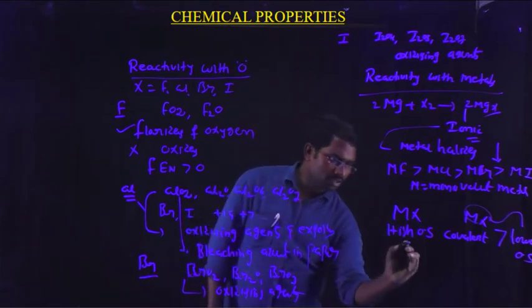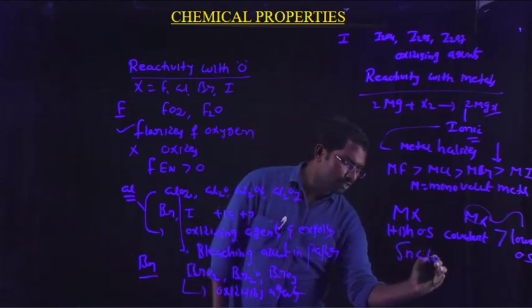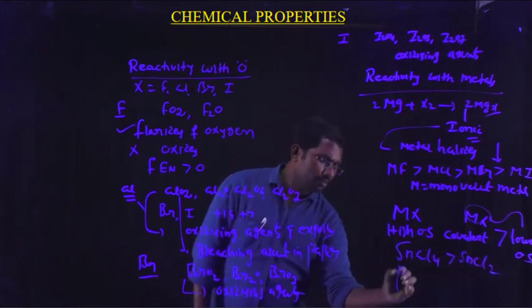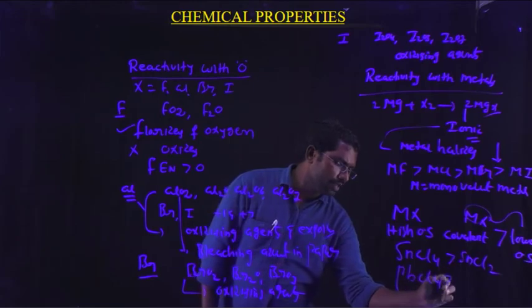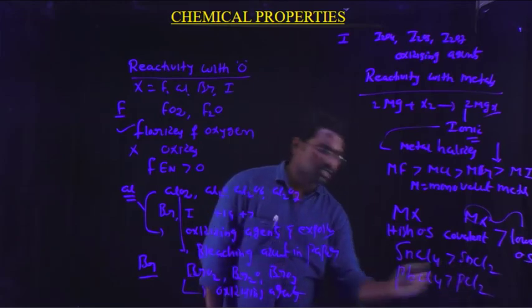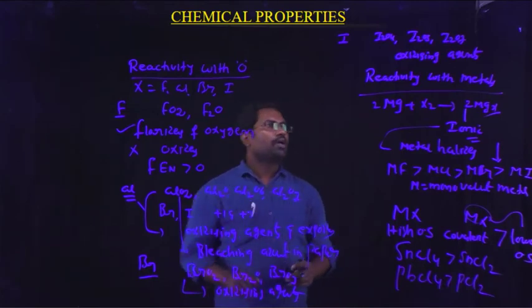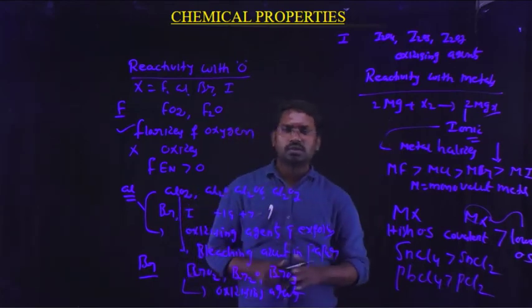For example, SnCl4 is more covalent than SnCl2. Similarly, PbCl4 is more covalent than PbCl2. So this is the second chemical property of halogens, that is reactivity with metals.